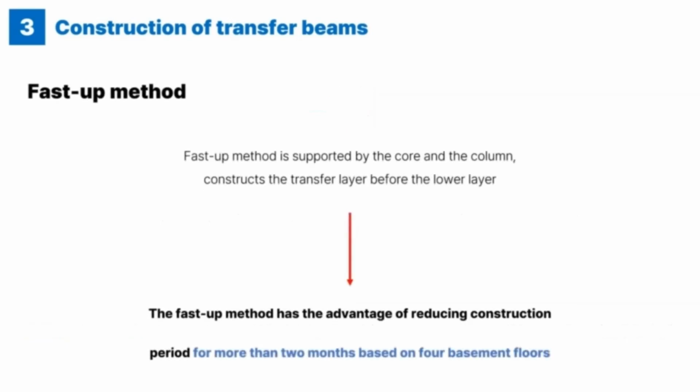However, the fast-up method has the advantage of reducing construction period by more than 2 months based on 4 basement floors because the fast-up method is supported by the core and the column, constructs the transfer layer before the lower layer, and then carries out the construction of the high-rise immediately while using the transfer layer as a load support.